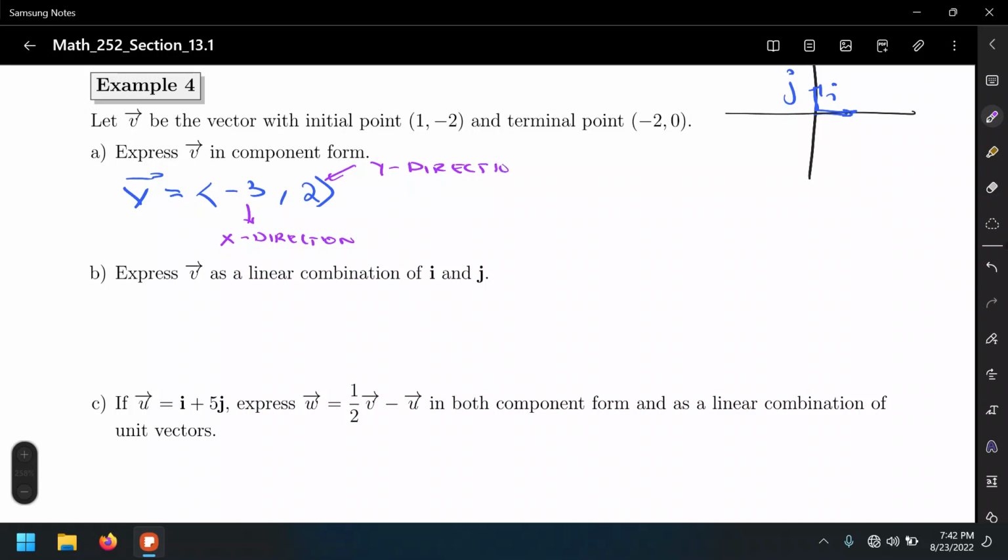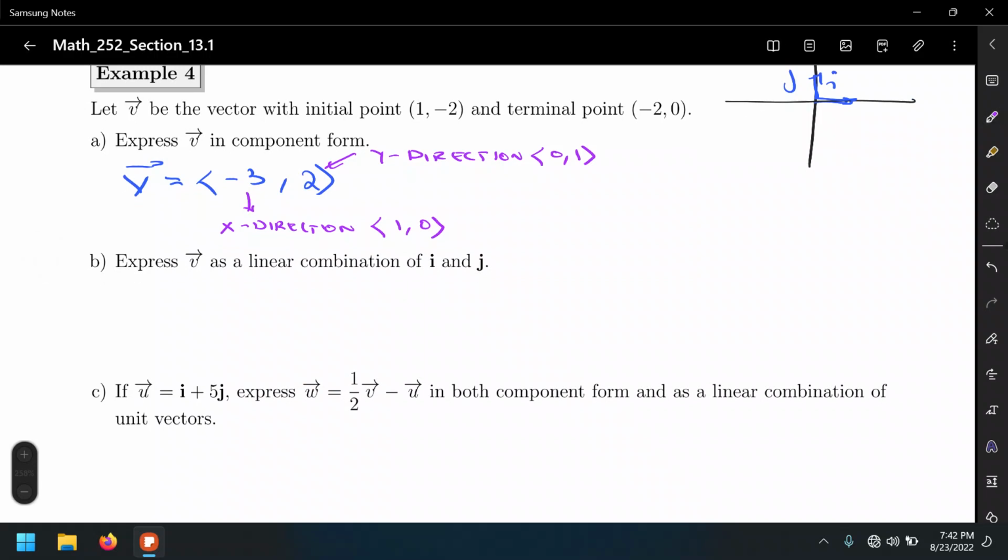Direction is fine. All right. That means that this is related to the vector 1, 0, and this is related to the vector 0, 1, right? The vectors that describe a unit vector in the x direction and y direction respectively.